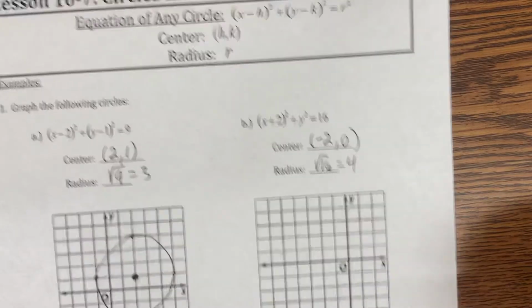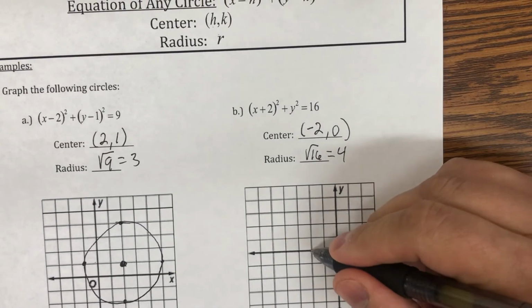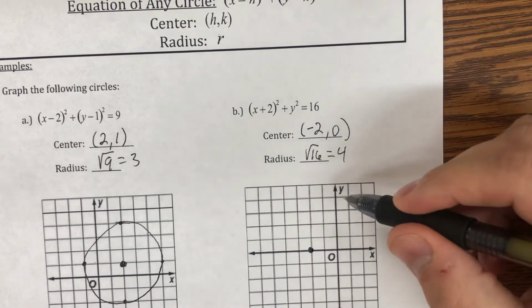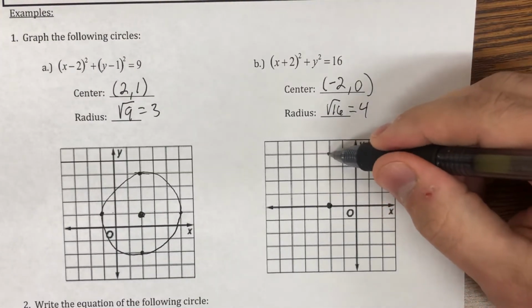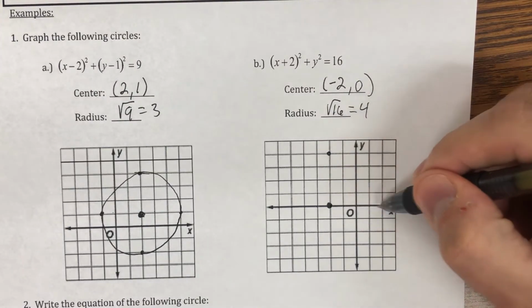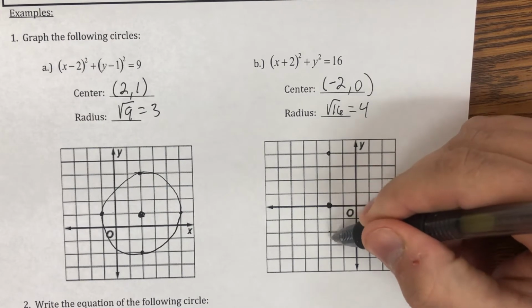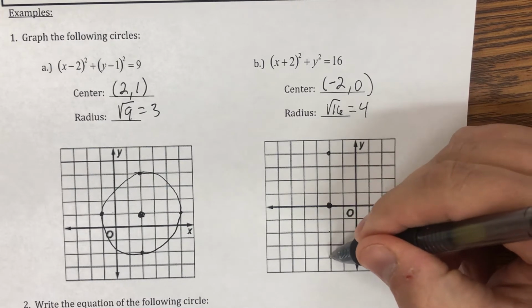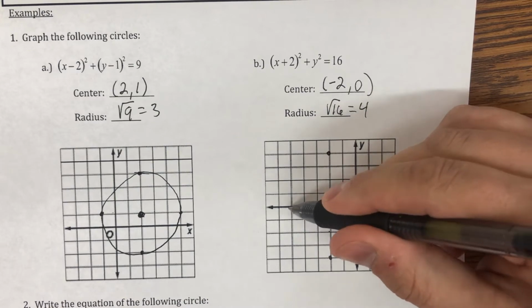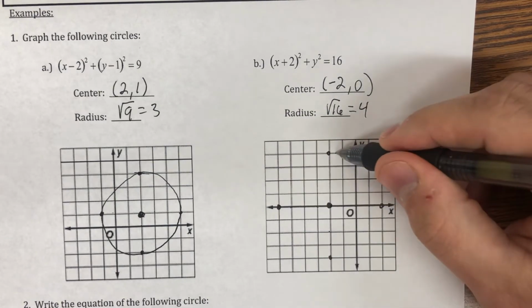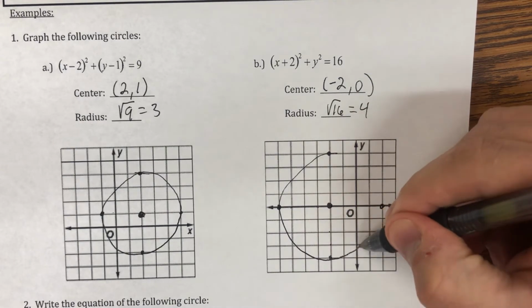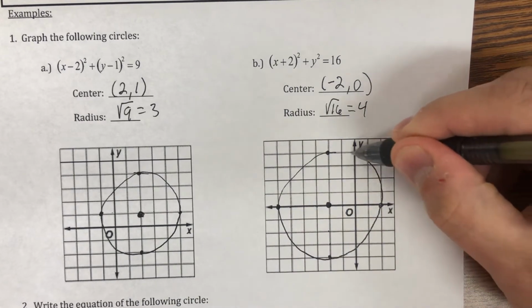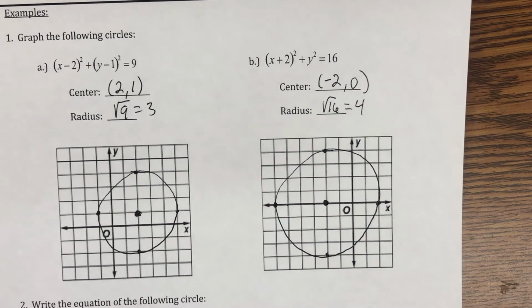So again, plot the center, left 2, and then our radius from the center, we're going to go up 4, right 4, down 4 from the center, and left 4 from the center. And then do our best to draw in a decent looking circle, preferably not a football. Just get it as close as you can.